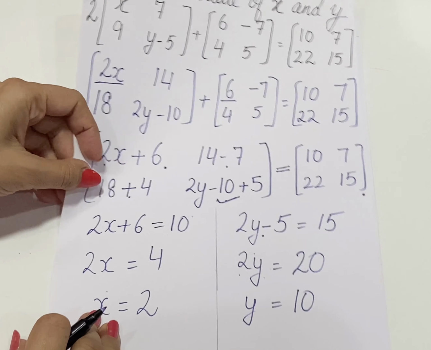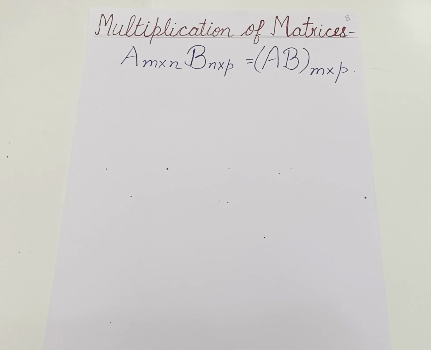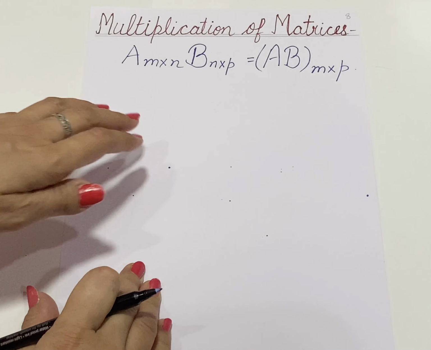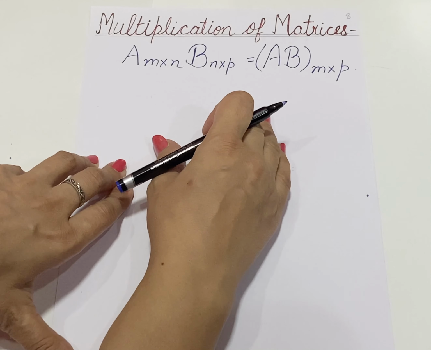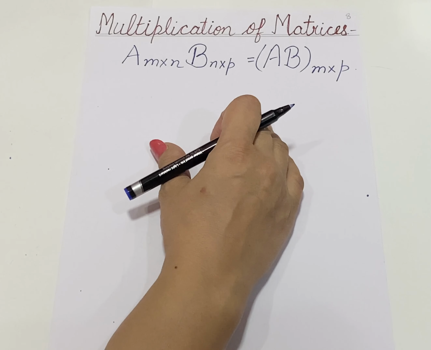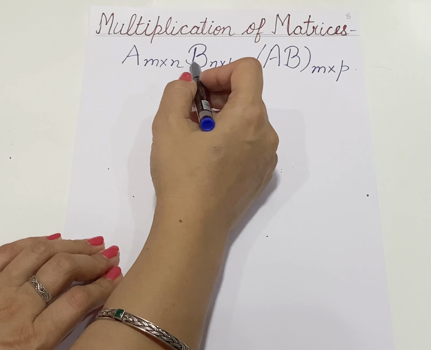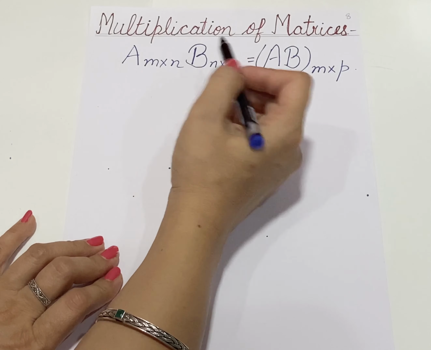Now the next topic which I am going to explain is multiplication of matrices. It is a very important topic from this chapter. Definitely you are going to get one question based on this multiplication in your board exams also. Now you need to understand it very carefully. Suppose A and B are two matrices which are to be multiplied.